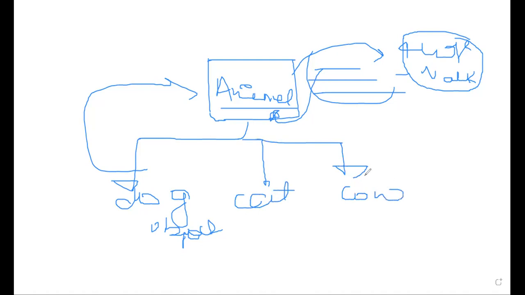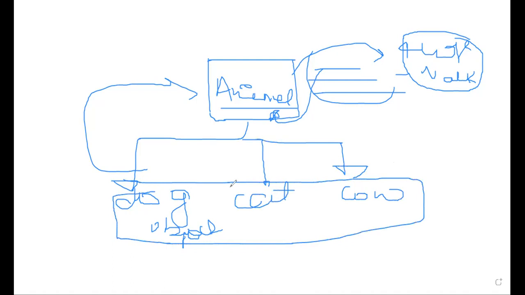So these three objects have different properties, but these three objects belong to this class only. Dog, cat, cow are different, but dog, cat, cow belong to the same class, that is animal, right?